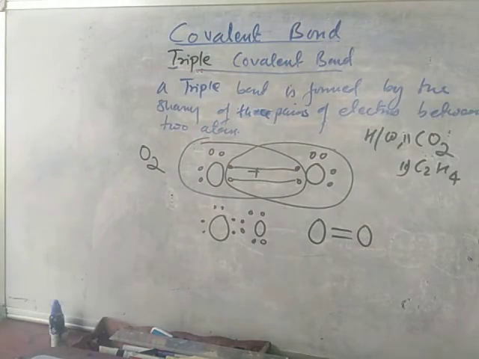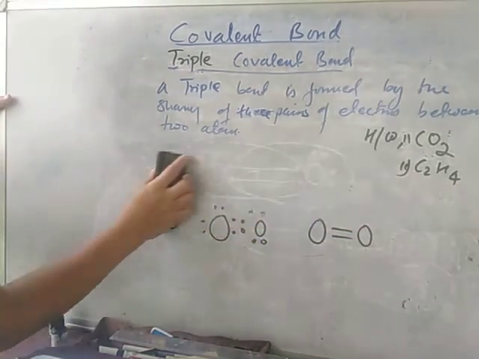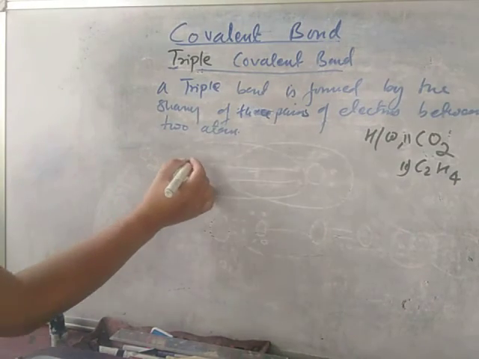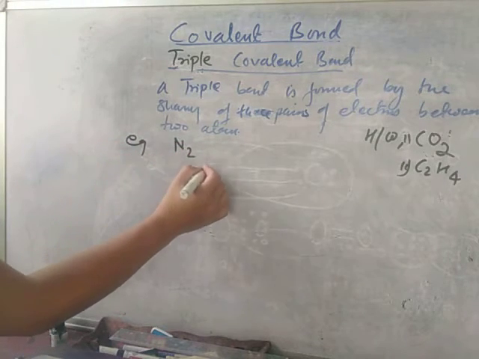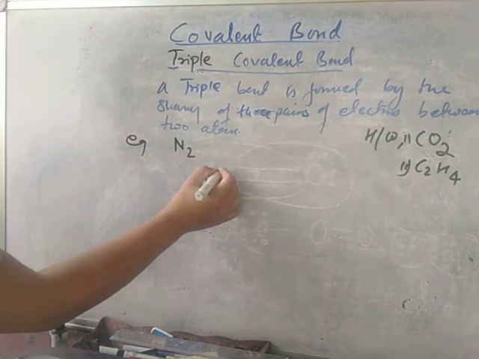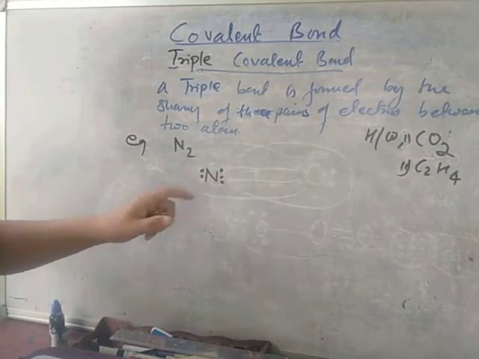Okay, let's check this one. If I take nitrogen, then I'll get it, isn't it? Nitrogen's valency is 3, isn't it? So the example is your N2 molecule. What is the valency of nitrogen? 5, isn't it? 1 2 3 4 5.